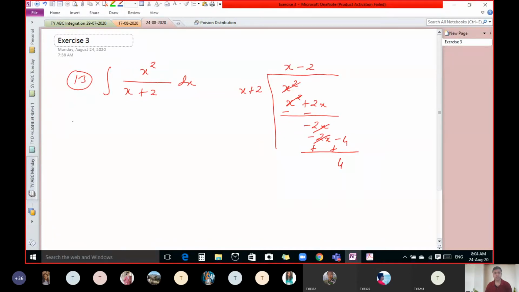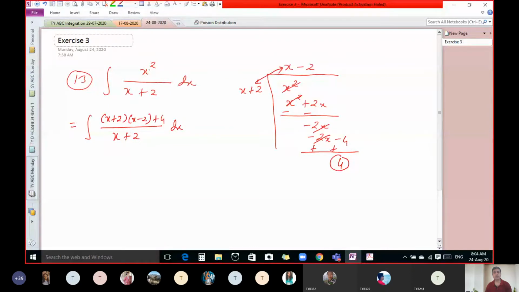So now, keeping this denominator as it is, instead of the numerator x square, you have to write x plus 2 into x minus 2 plus 4.